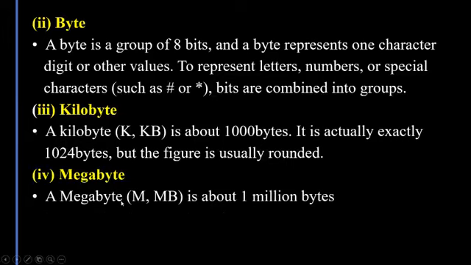We have seen that when you have 1,024 bytes, they give what we know as a kilobyte. So if you have to define a kilobyte, say a kilobyte is the same as 1,024 bytes.